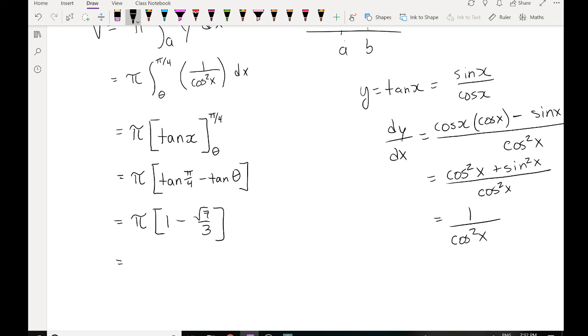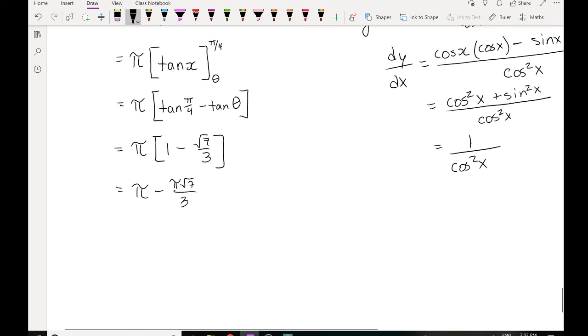I don't know how they want you to simplify it. I would probably leave my answer like this: pi minus pi root 7 over 3. They might have gotten a common denominator and combined it, so it might be 3 pi minus pi root 7 over 3. Either way, it doesn't look terribly nice.